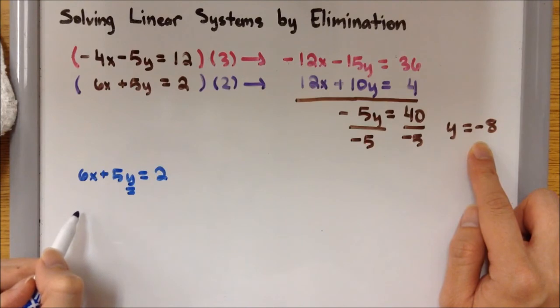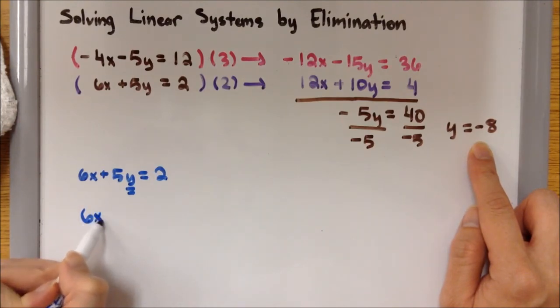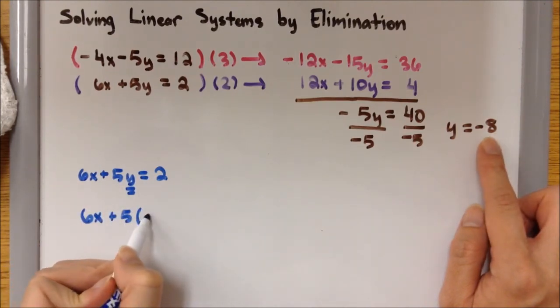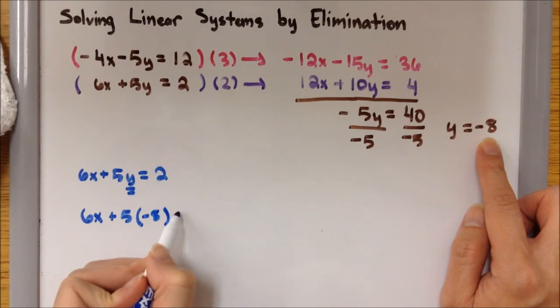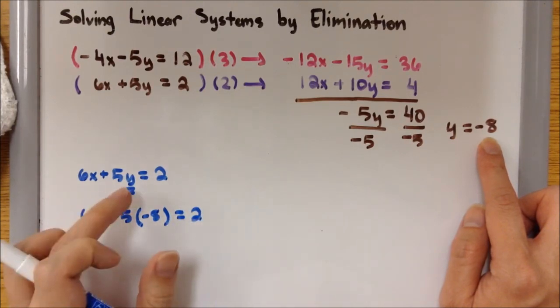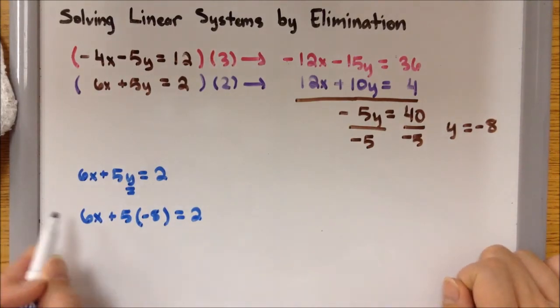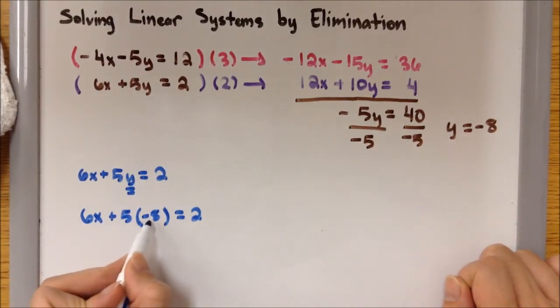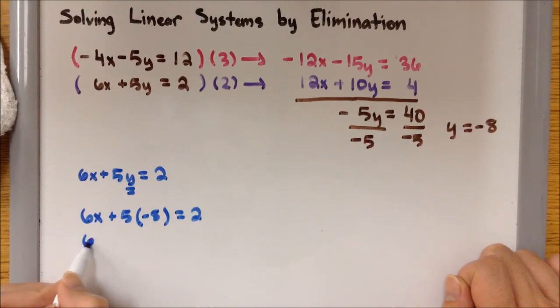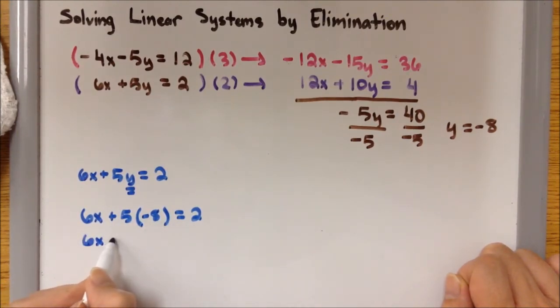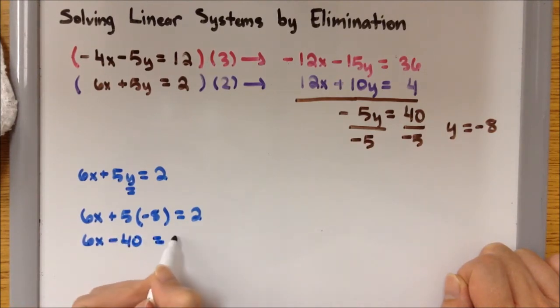So it's going to look like 6x plus 5, since there's a number in front, parenthesis, negative 8, close parenthesis, equals 2. All I did was switch out the y with negative 8. Now I'm going to simplify 5 times negative 8, which is negative 40, so 6x minus 40 equals 2.